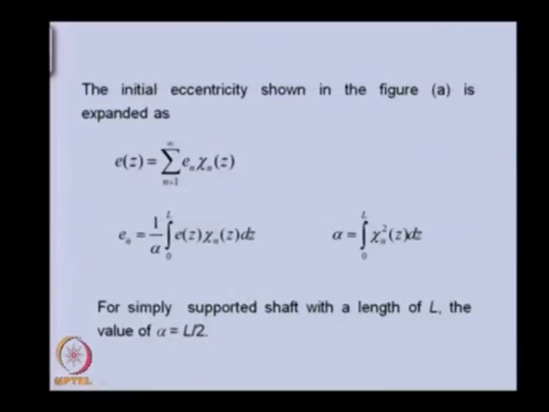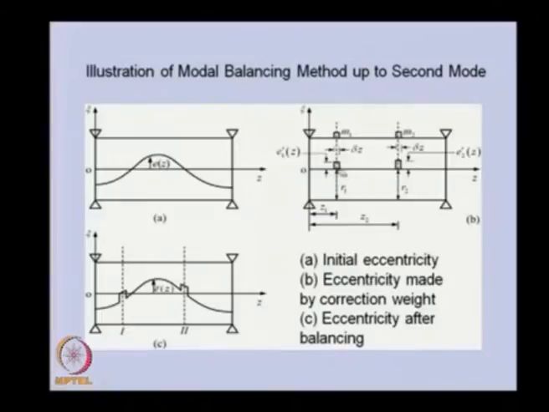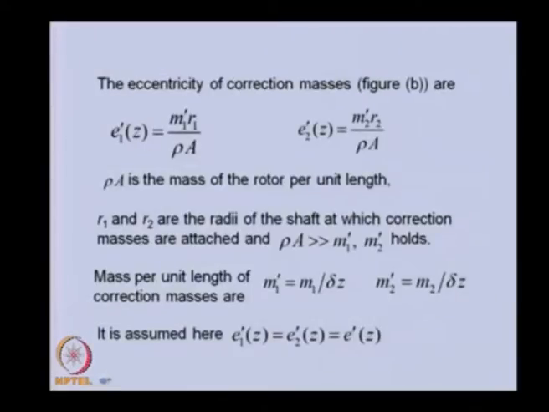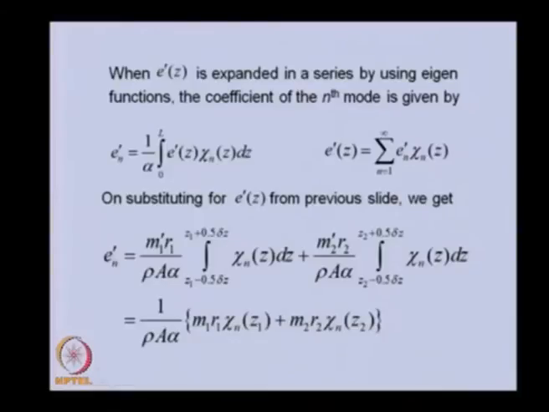Now you can see this is basically the eccentricity due to the correction masses which are given here. Now, we are expanding this eccentricity due to the correction masses in a similar form, with the help of an eigenfunction.